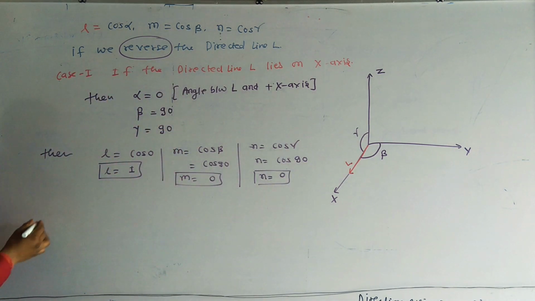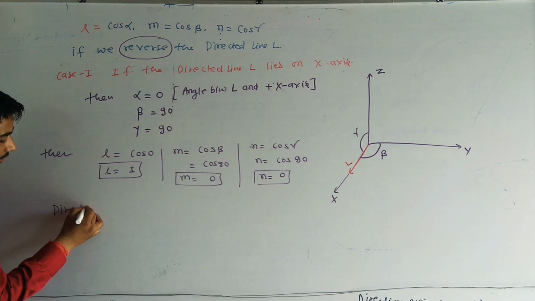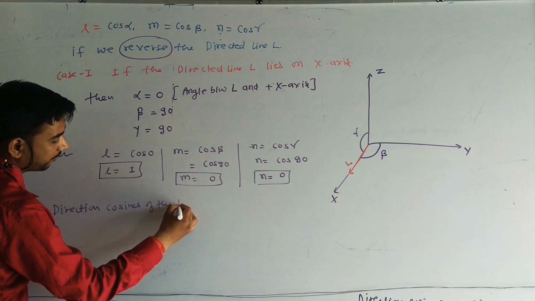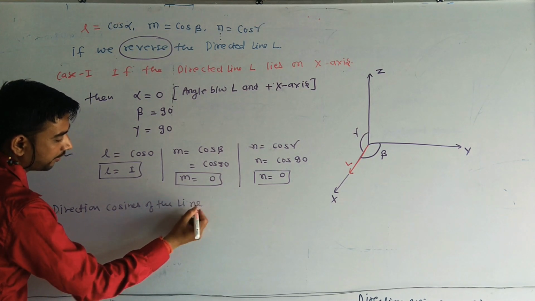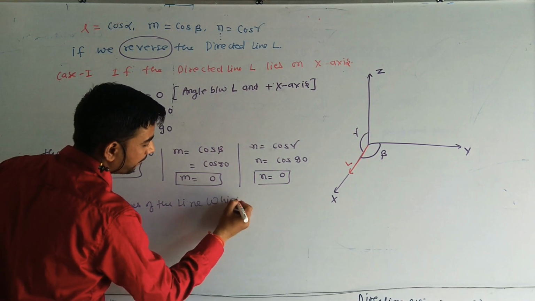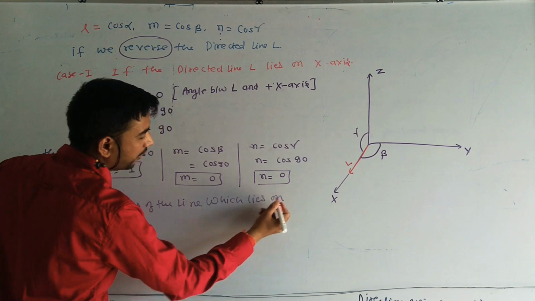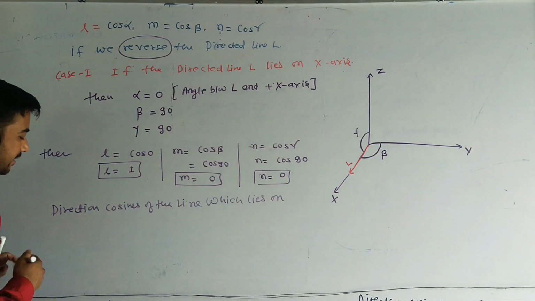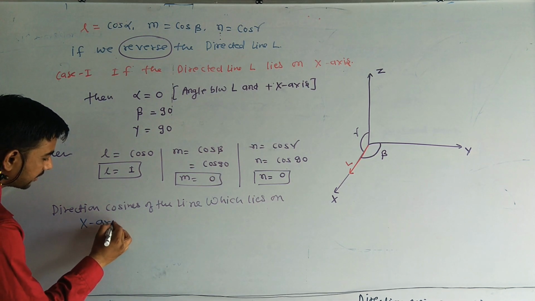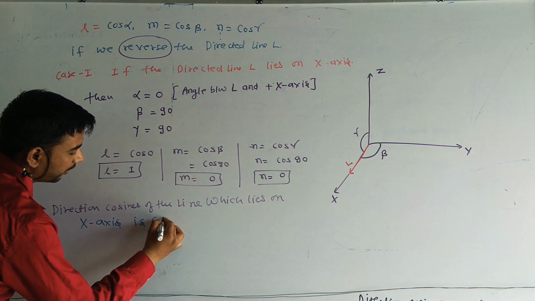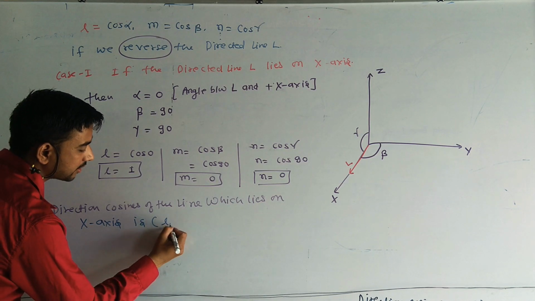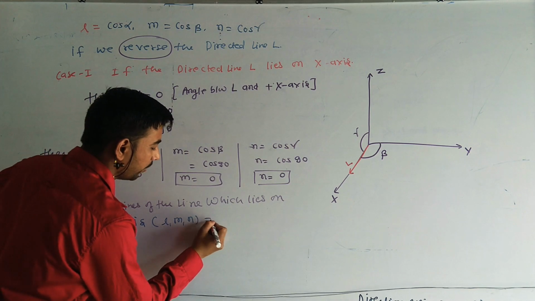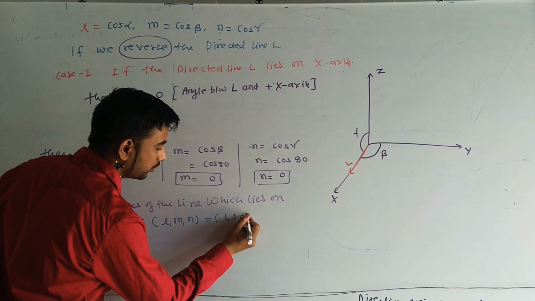So what direction cosines do we get? The direction cosines of a line which lies on the x-axis: you have to write like this, L, M, N. It will equal 1, 0, 0.